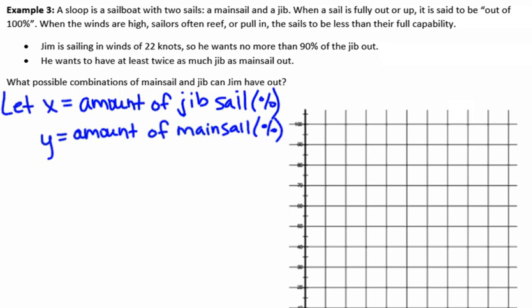Some constraints or restrictions we're putting on this: we know we aren't going to have negative percents, right? We're only going to have percents between 0 and 100. So our restrictions in our domain or our range, our x must be greater than 0 but less than 100, as well as our y. The question, however, says in this first one, no more than 90% for Jim.